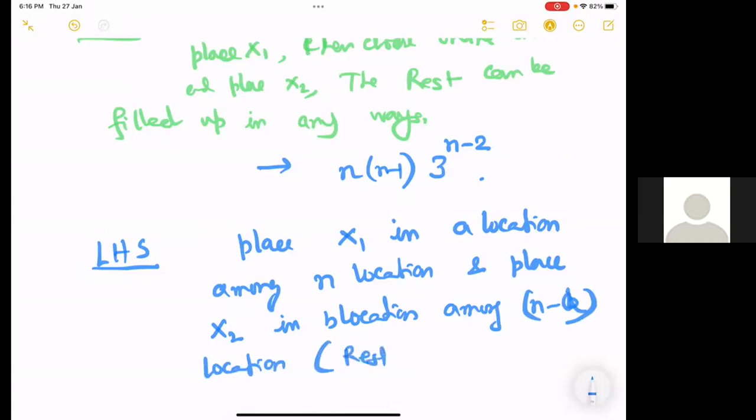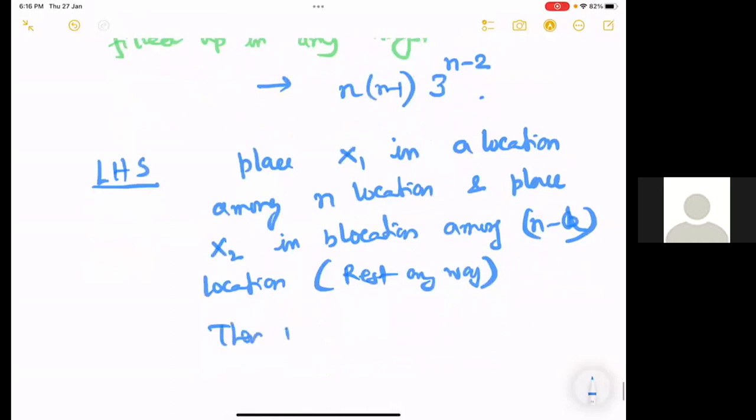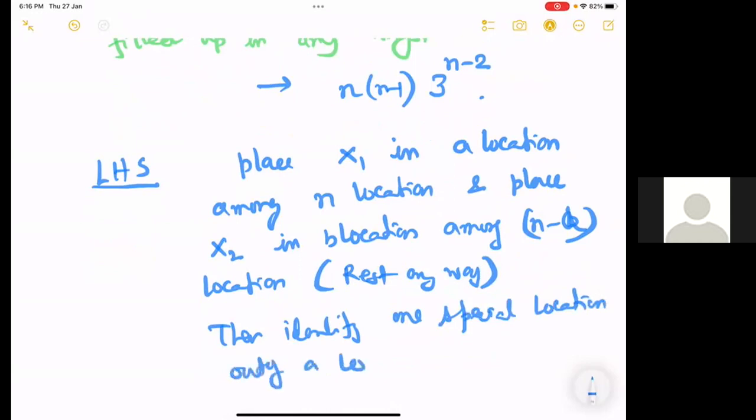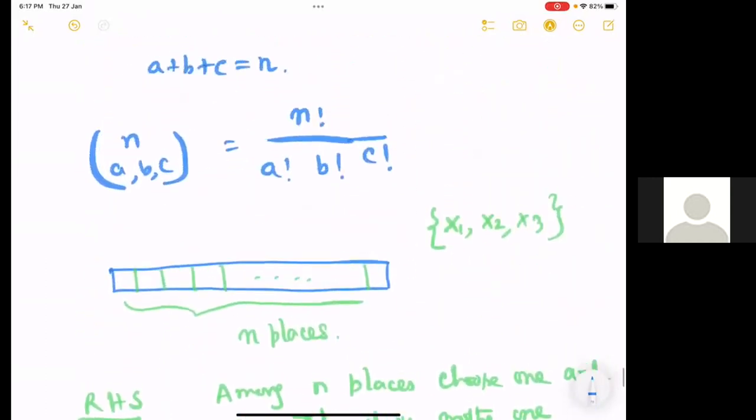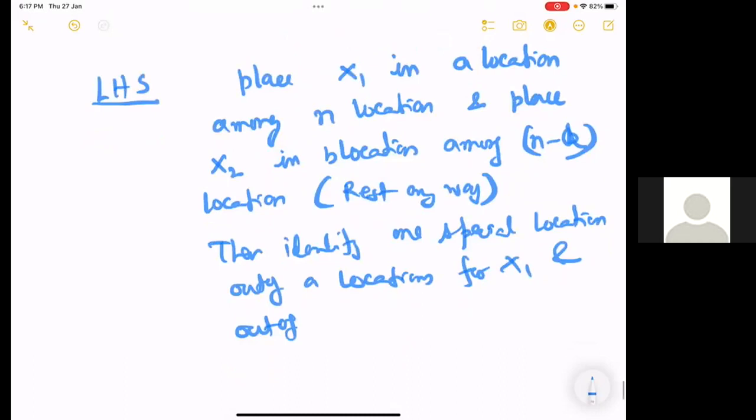Rest anyway. Then identify one special location out of a locations for x1, and out of b locations for x2.